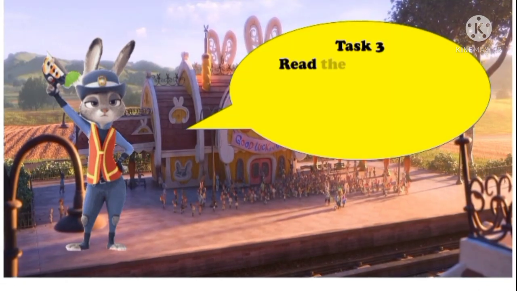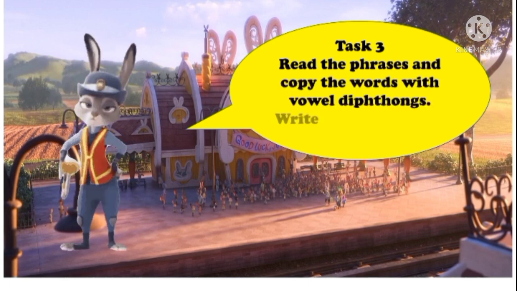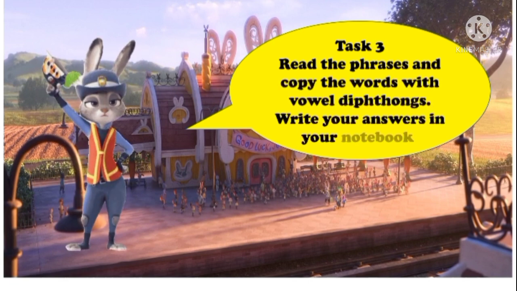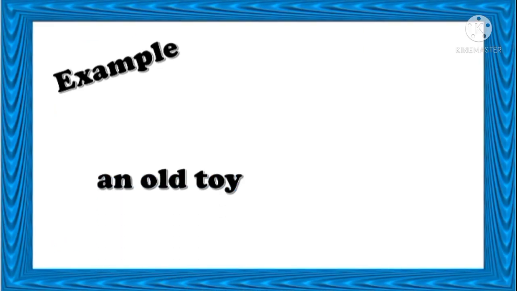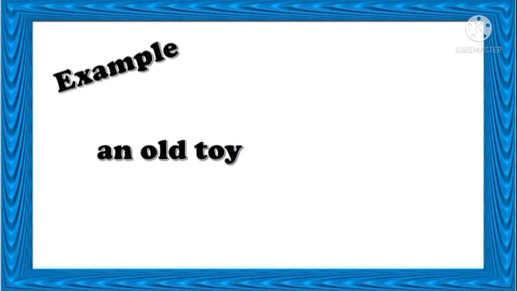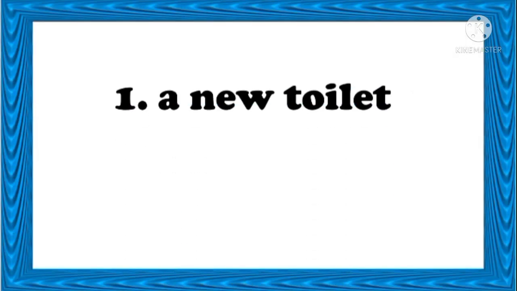And for our Task 3, read the phrases and copy the words with vowel diphthongs. Write your answers in your notebook. Example, an old toy. The word with diphthong is toy. Number 1, a new toilet.